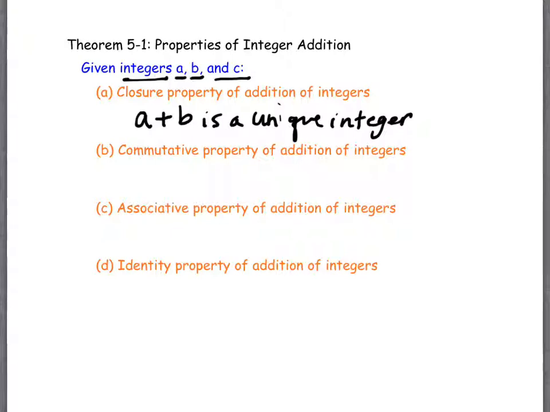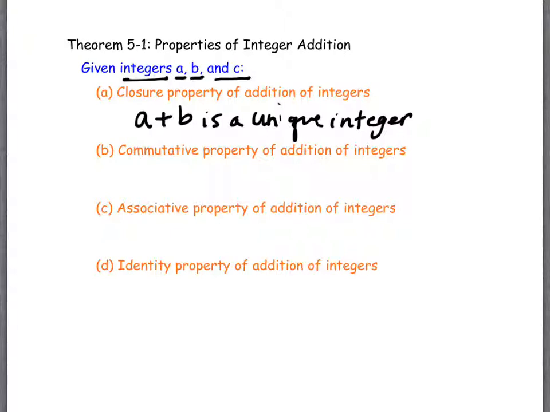The fact that it's an integer is the part that's the most important. It is unique. It only gives you one answer, but the fact that it's an integer is important. We talked about sets where that doesn't happen, right? Odd number plus odd number doesn't equal odd number. That doesn't always work, right? But there are some that do work. An even integer plus even integer does equal an even integer, something like that.